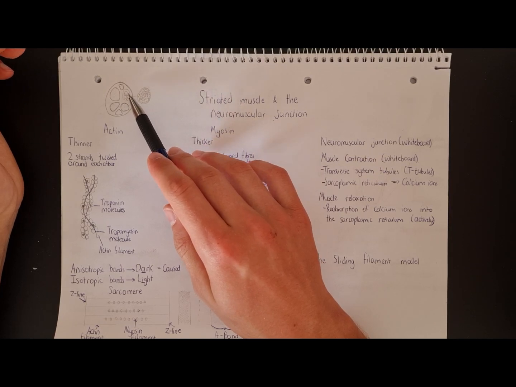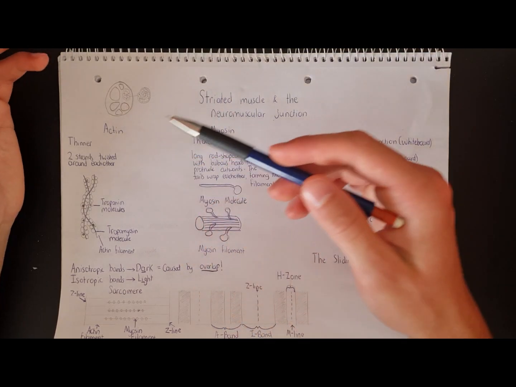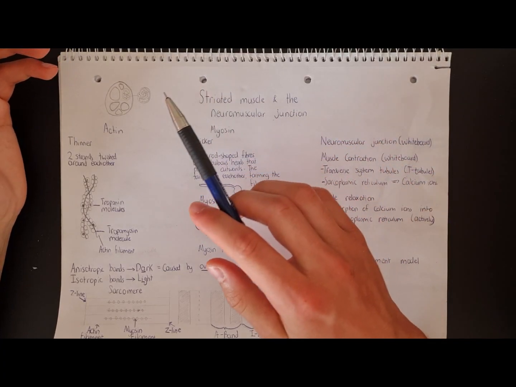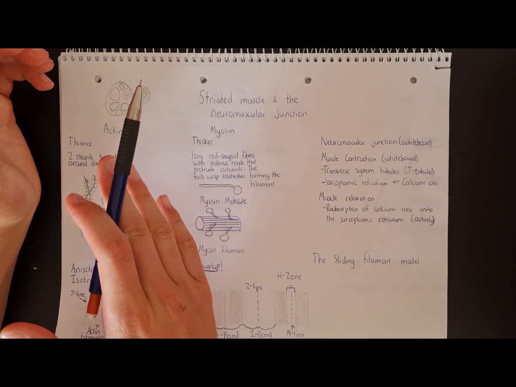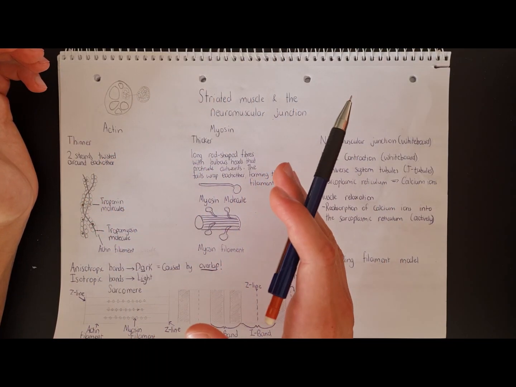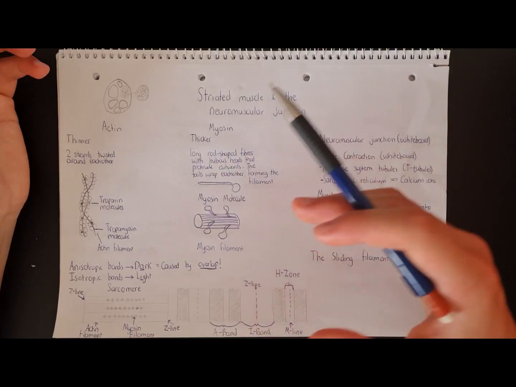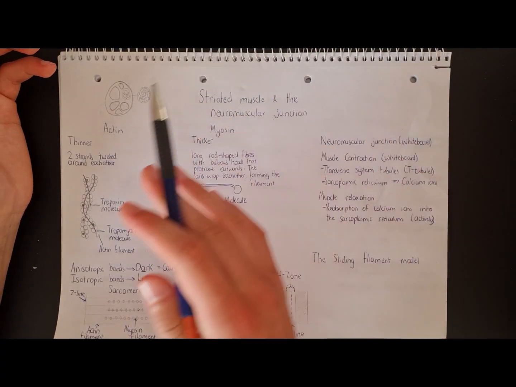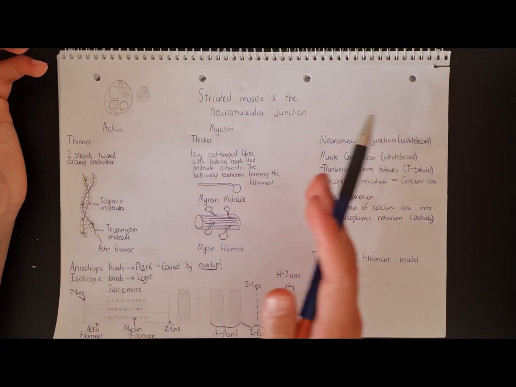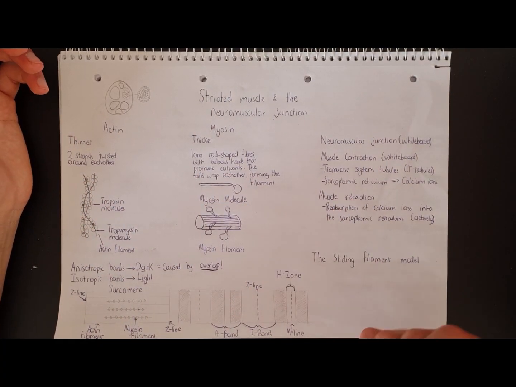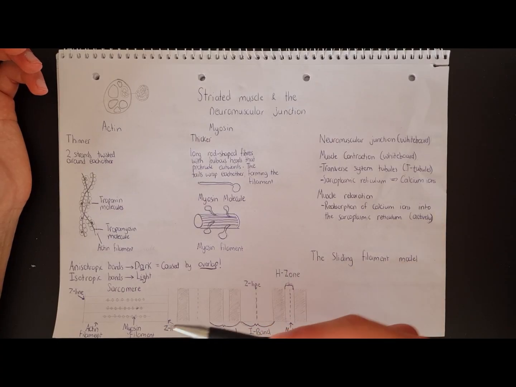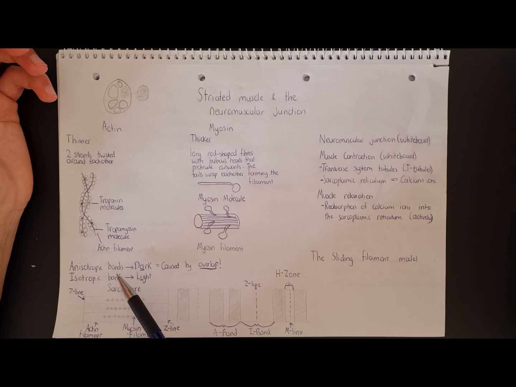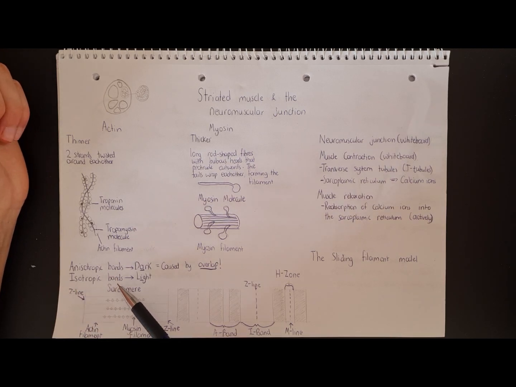Now each muscle cell is composed of hundreds to thousands of myofibrils, and myofibrils have darker and lighter regions, and this pattern is the reason why the muscle is actually called striated muscle, okay, because it has this pattern of dark and light. Now, the reason why we have these darker and lighter colored regions is because of the anisotropic bands and the isotropic bands.